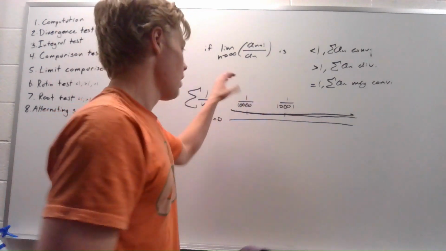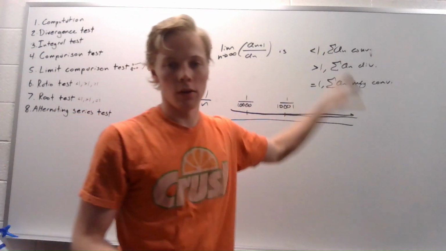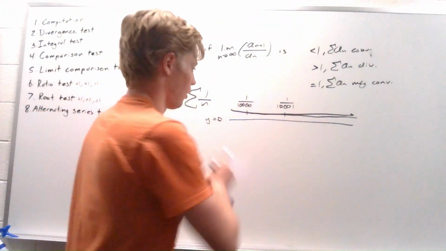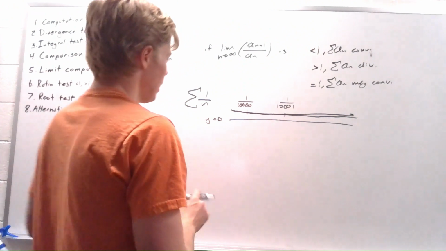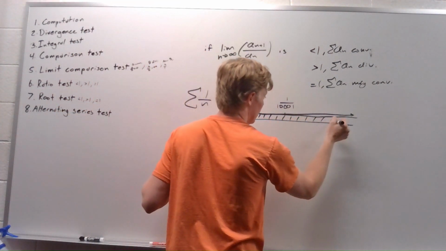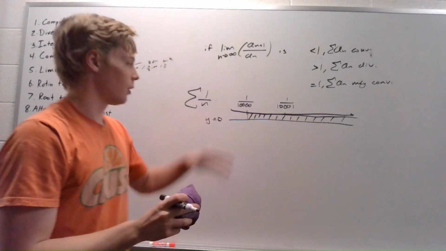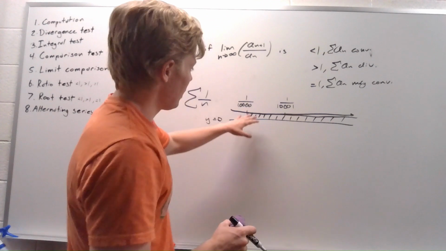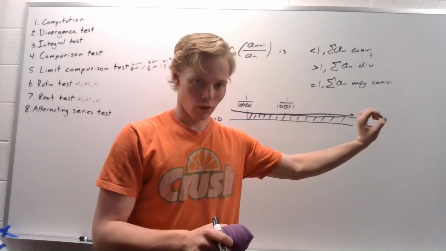If you get to a googol, 1 over a googol, and then 1 over a googol plus 1, those are almost the exact same number. It's almost a straight line between them. And so if you add up all the area under a straight line, no matter how low that straight line is, the area under that straight line is going to be infinity. Now we know that this is slightly less than a straight line.